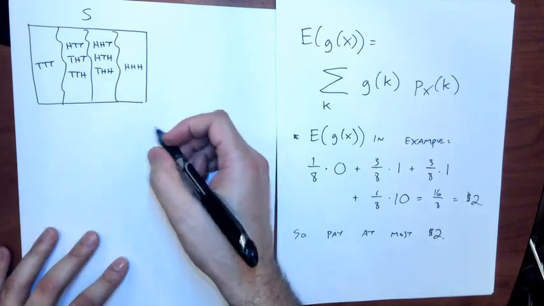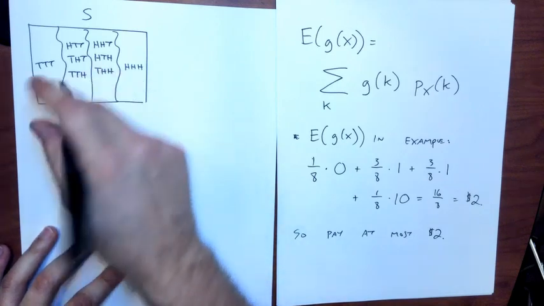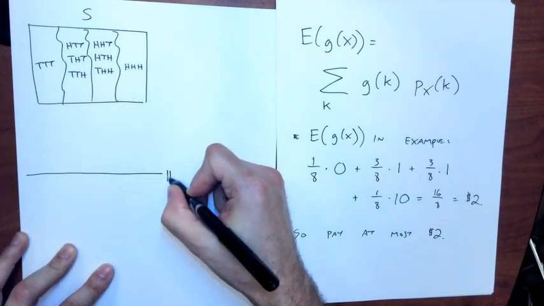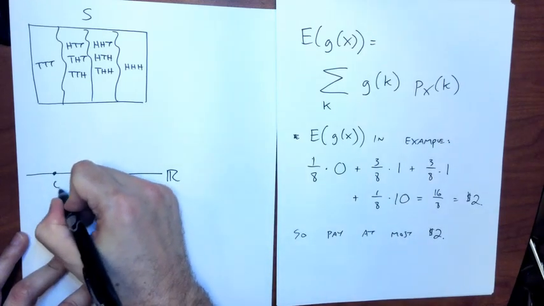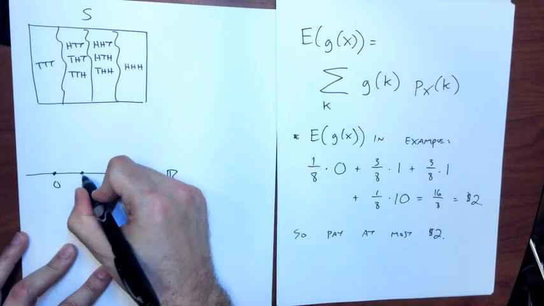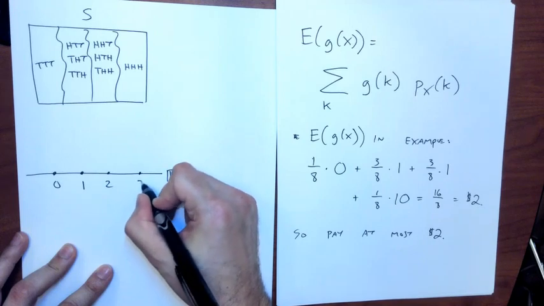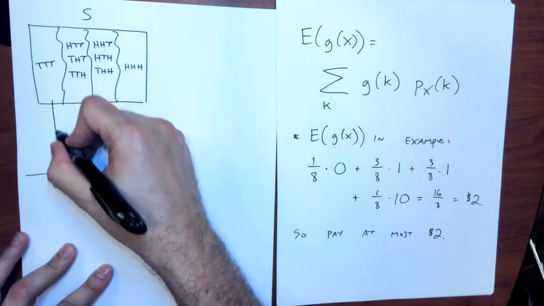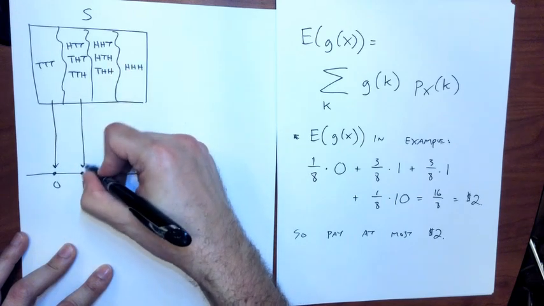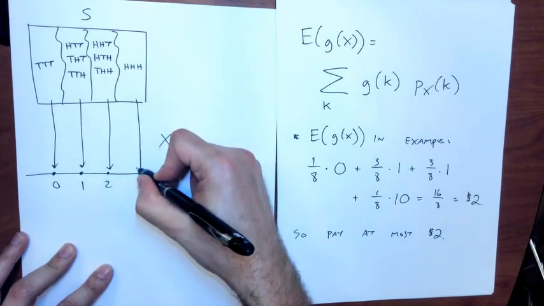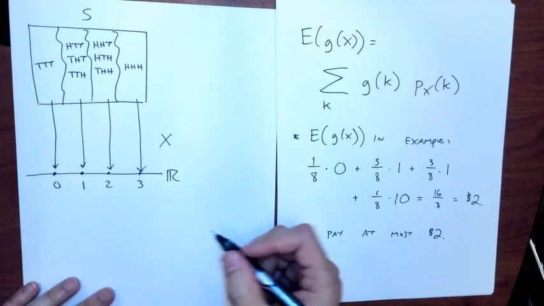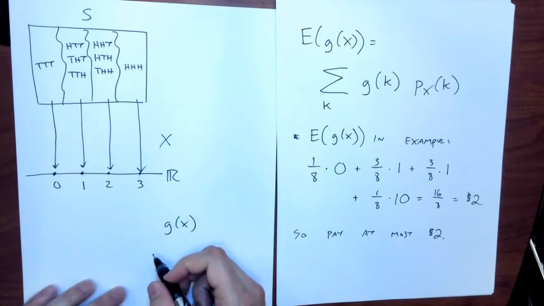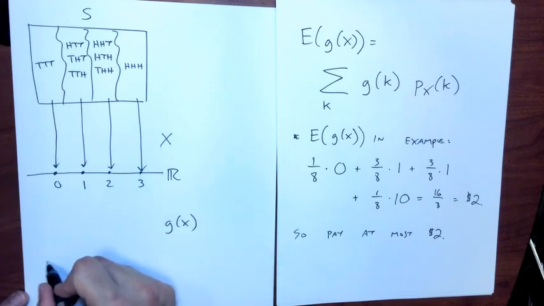Now, each of these sets in the original sample space maps down onto a number, and the number is our random variable. So this is like the sample space for x, right? So this maps down to 0, this maps down to 1, this maps down to 2, this maps down to 3, right?